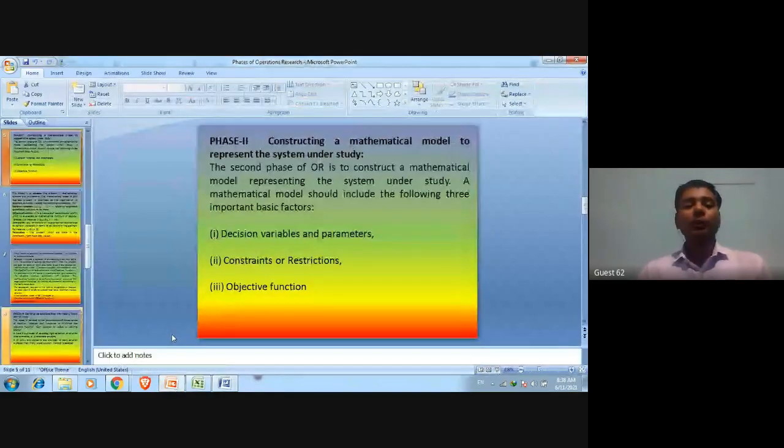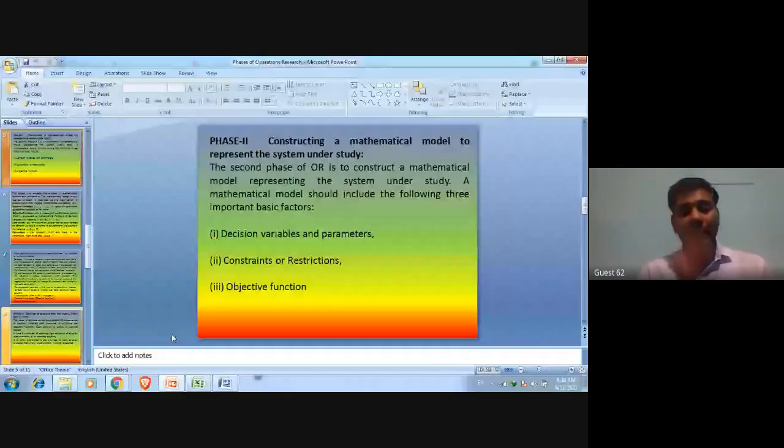Similarly, when we construct the mathematical model, we will consider some factors: decision variables and parameters, constraints or restrictions, and the objective function. Decision variables and parameters are those used to get our objective.